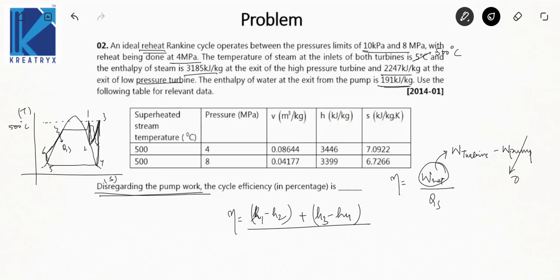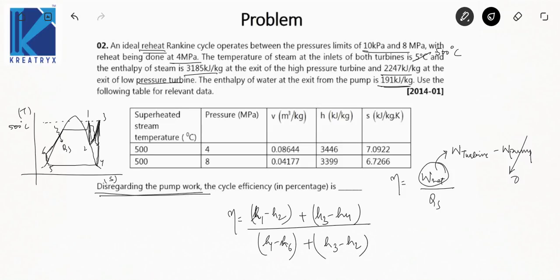Do not forget this. Many students forget to take the enthalpy change while reheating, so you'll get the wrong answer. Be careful. So total heat supplied will be the enthalpy change from 1 to 6, H1 minus H6, and the heat supplied while reheating, that is H3 minus H2.